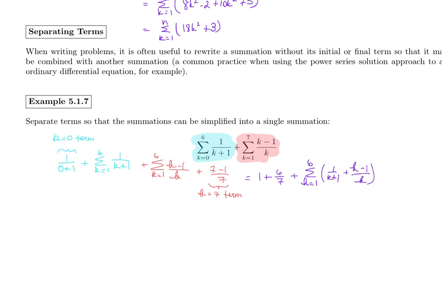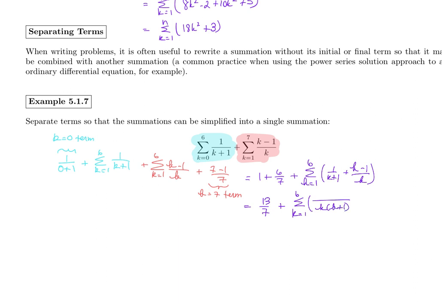And this is where things get really funky, because now we end up with 13 over 7 for the sum of the first two terms. And we have to find a common denominator for the inside. k and k plus 1 don't have anything in common, so our common denominator is going to be k times k plus 1.